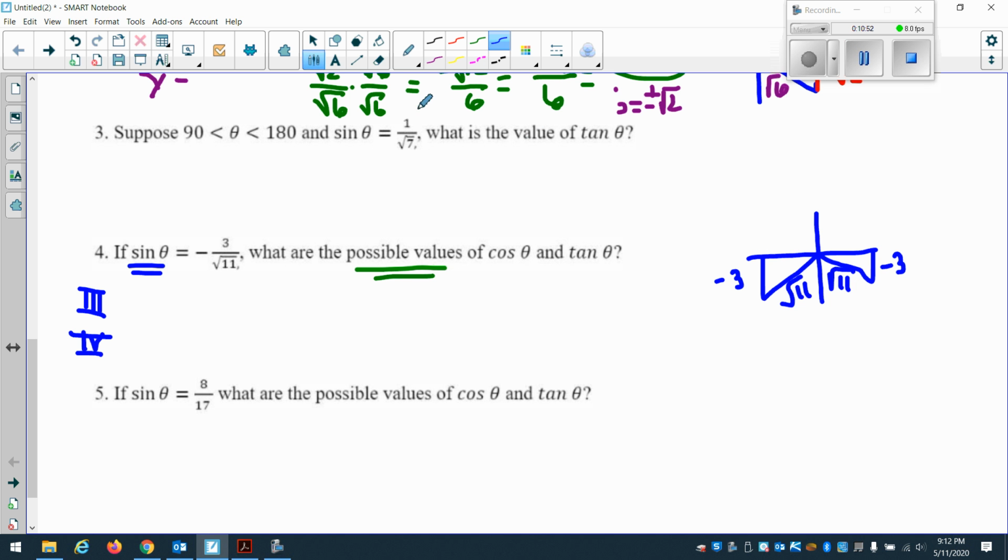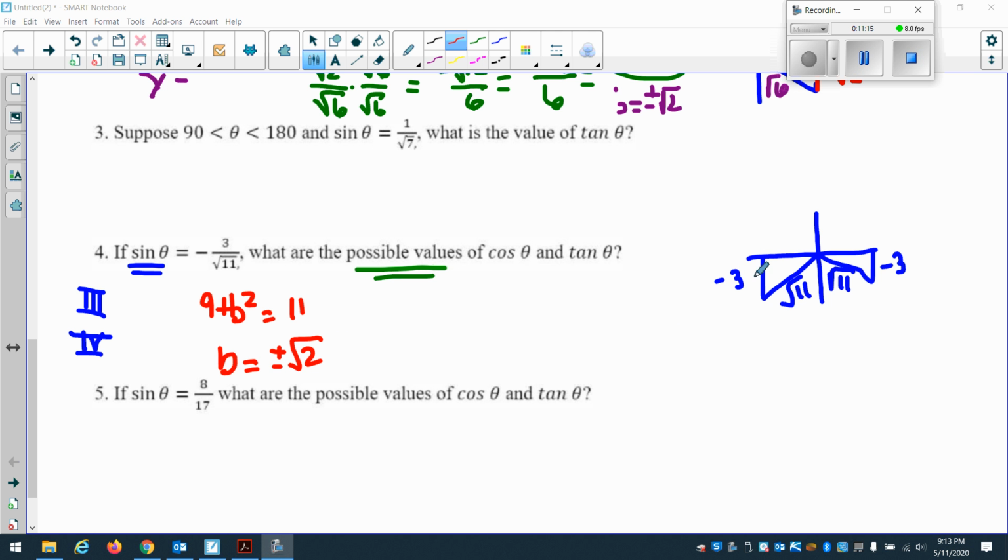Now we have to find this missing side length, which is our x value. You run the Pythagorean theorem like you did above. So you would have negative 3 squared plus b squared equals root 11 squared. When you do that, you end up getting b equals plus or minus root 2.